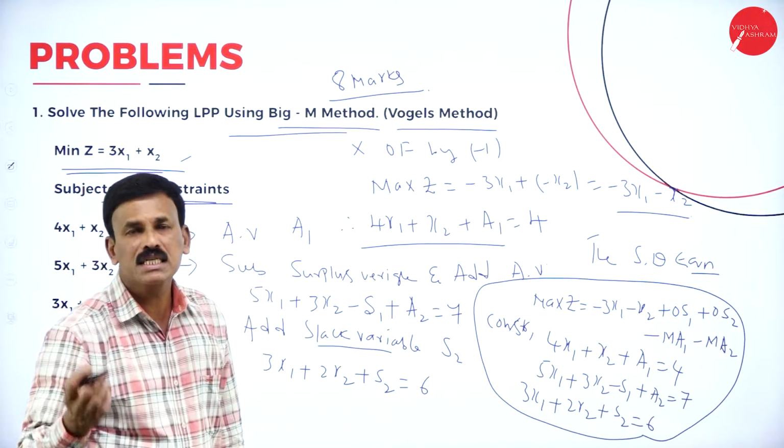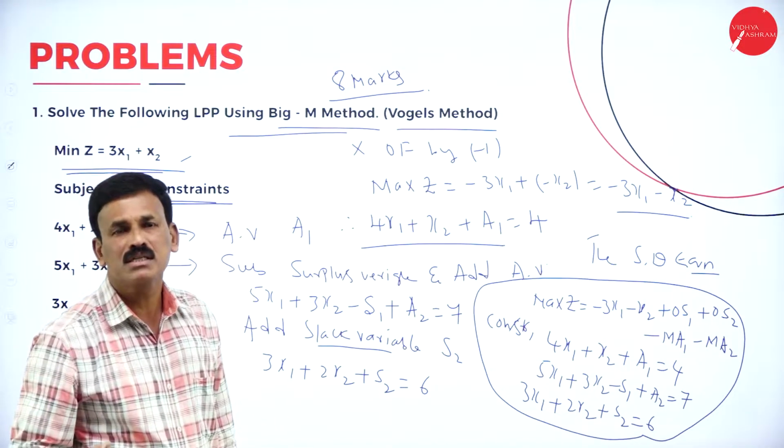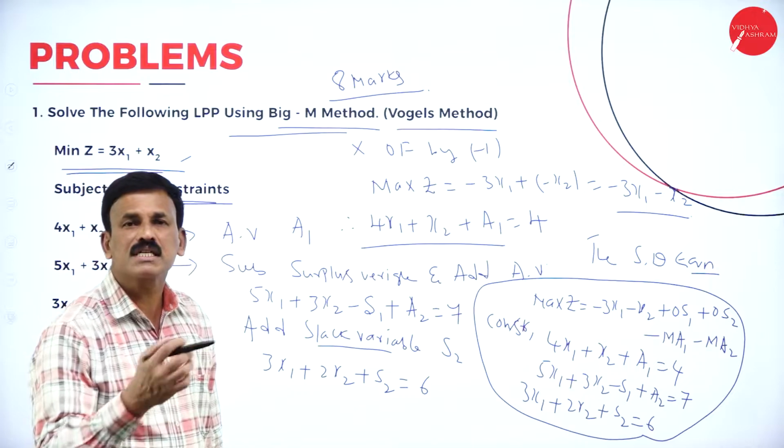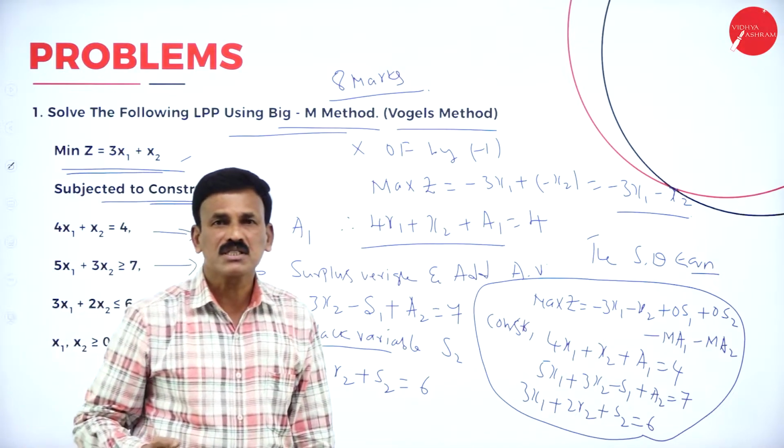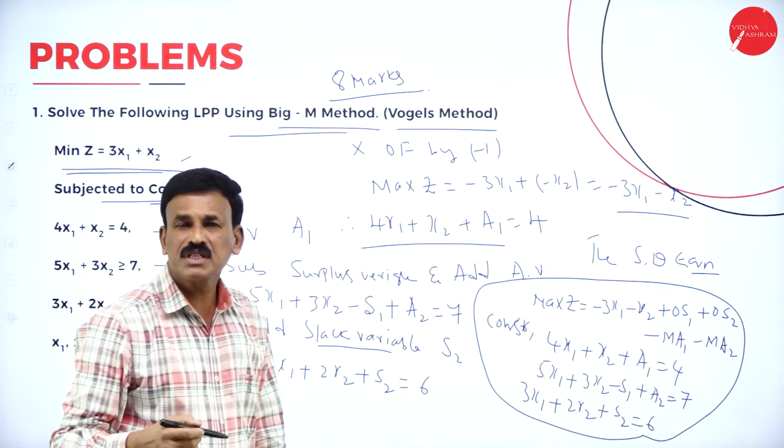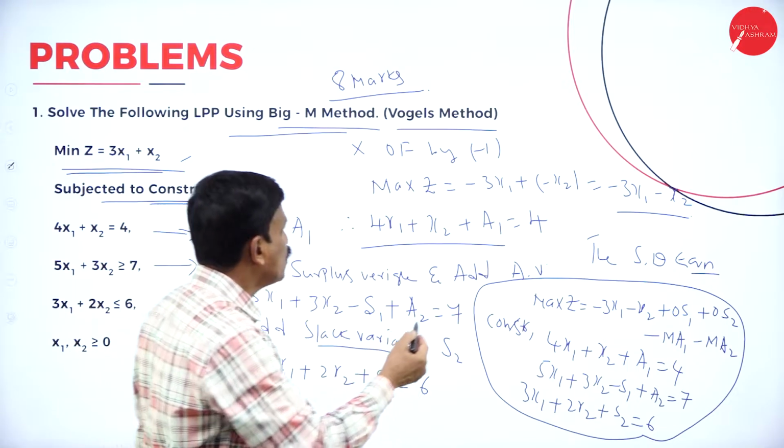By constructing the initial simplex table. This is the same as the simplex method. Now before going to the initial simplex table, write down the coefficients.